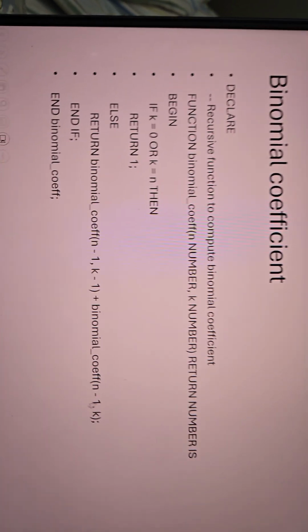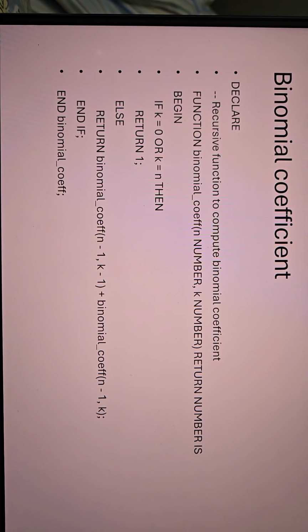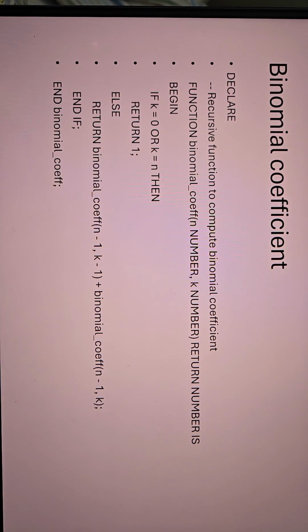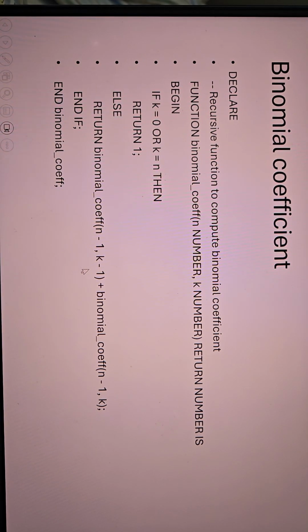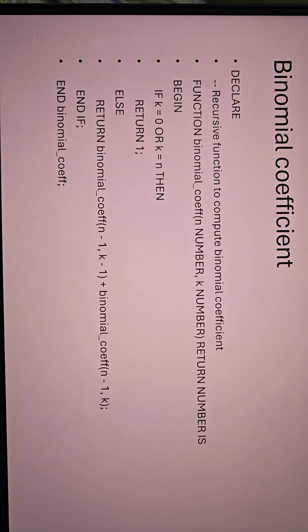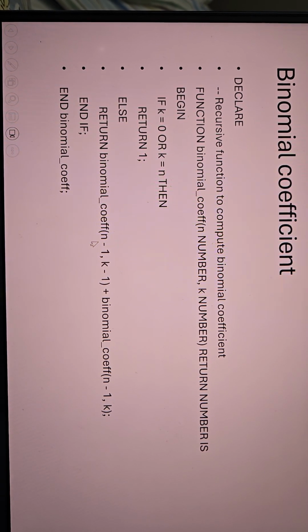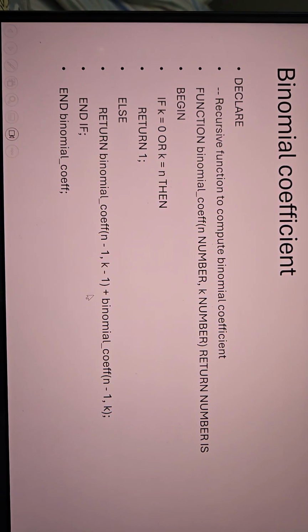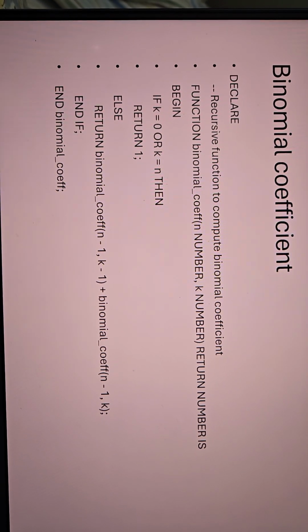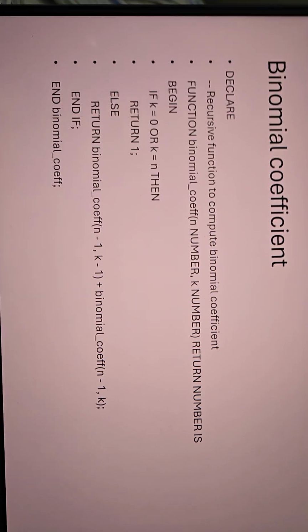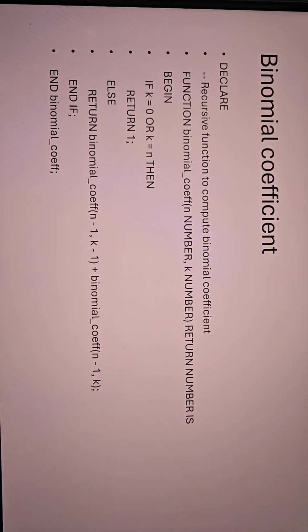So for example, if you want to know the answer for the coefficient at 4, 2, the answer will be given by the number at 3, 1 plus the number at 3, 2. So using this formula, it recursively calculates the number for each position of Pascal's triangle.